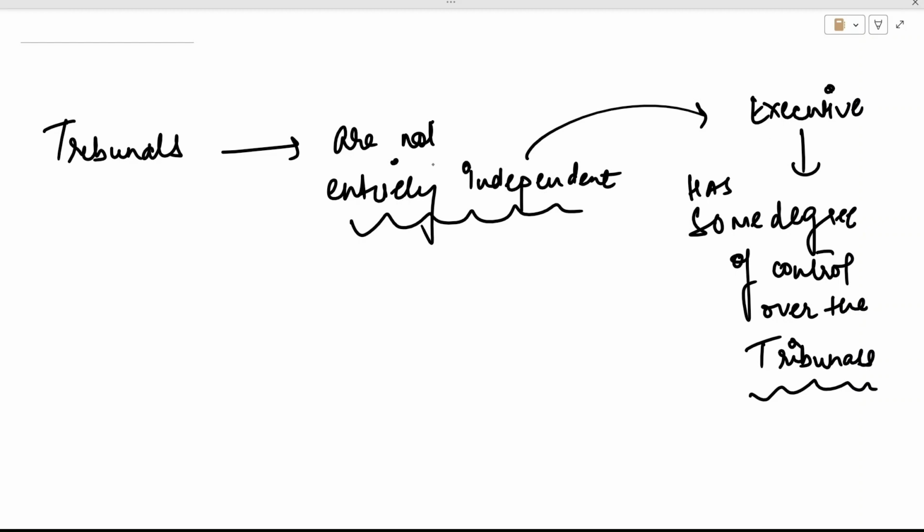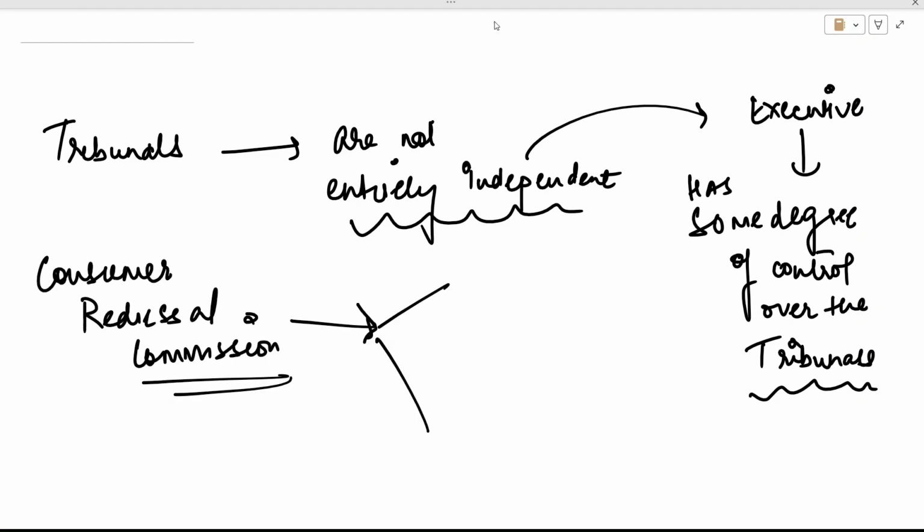But if you talk about tribunals, they are quasi-judicial bodies, somewhat like courts. So yes, in their case, the executive does have some degree of control over the tribunals. For instance, see a tribunal, let us say Consumer Redressal Commission. This Consumer Redressal Commission has independence to what extent?